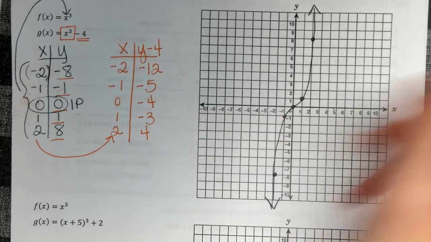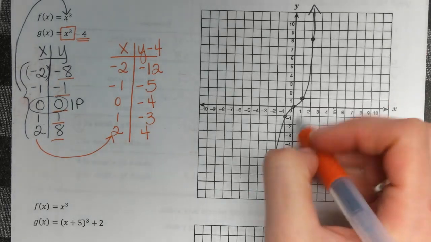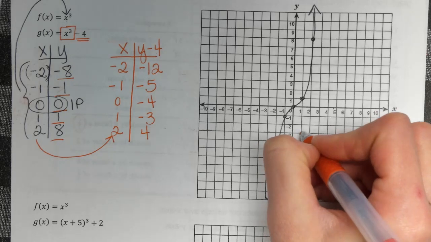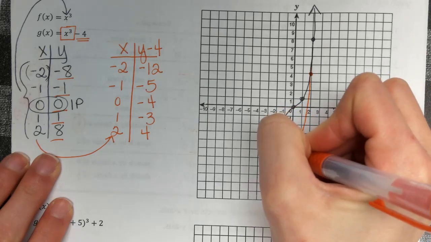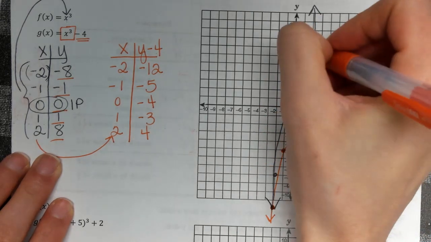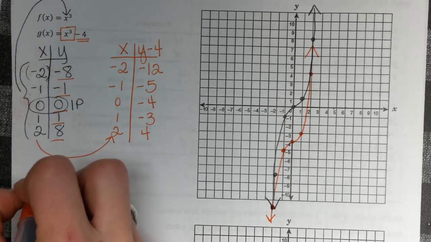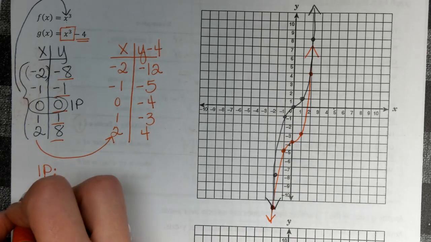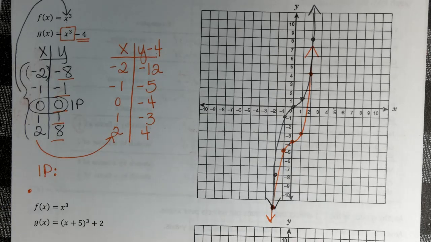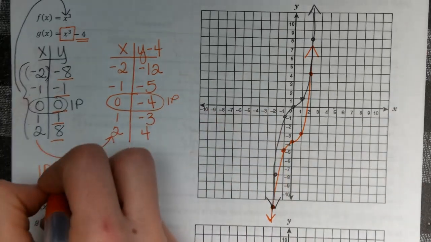Okay, and then we're gonna graph that. What's my new inflection point? 0, 0 changed to 0, -4.